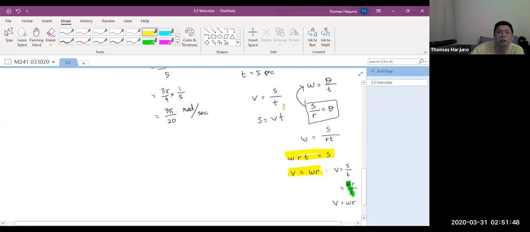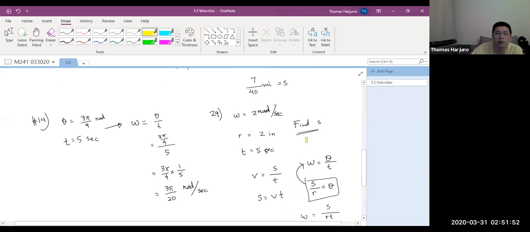Now, let's go back here. How to find this s? According to the formula we have, s is equal to angular velocity times the radius times time, which is 2 radian per second times 2 inches times 5 seconds.